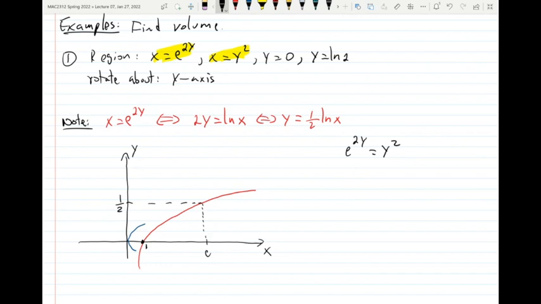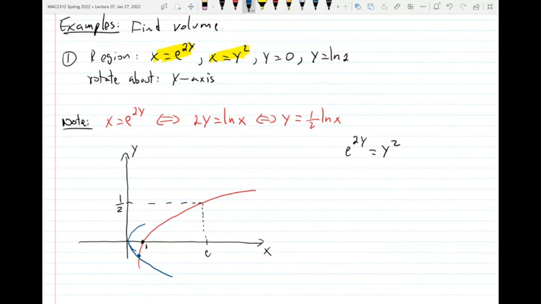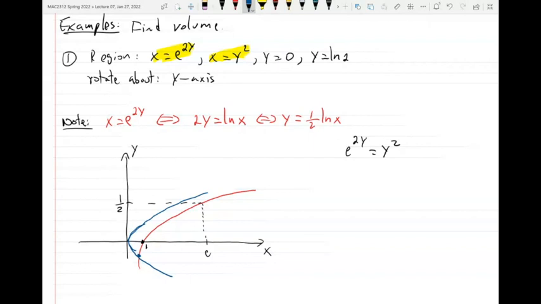Because look at the region. It's not just the region between those two functions. If it was between those two functions, unfortunately, I know there will be an intersection somewhere in here. But this one, I'm pretty sure there will be none. Because the thing is that this grows way slower than this one.